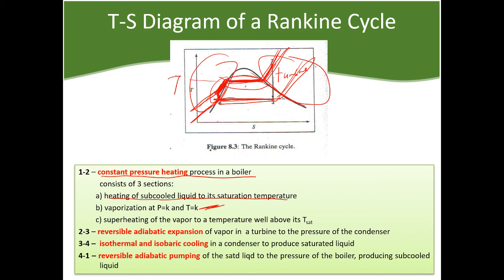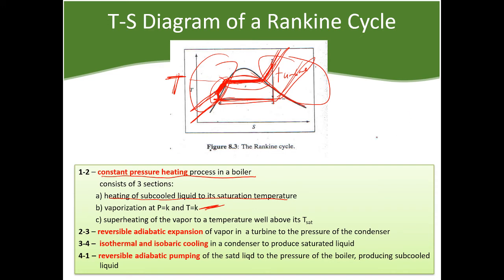And, diba, sa TS diagram, ito yung y-axis. Tama. Tapos, at the same time, isobar kasi yan. And remember, if saturated yung substance natin, phase change happens at a constant pressure and constant temperature. Kaya, straight line, horizontal line, sa loob ng saturated curve.